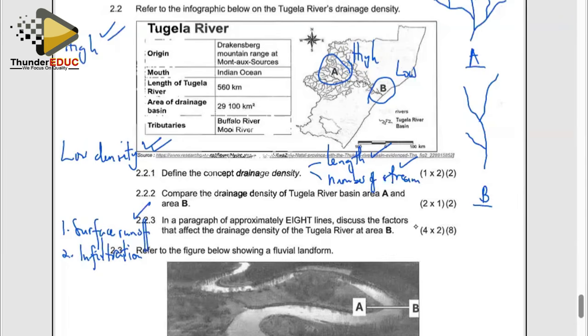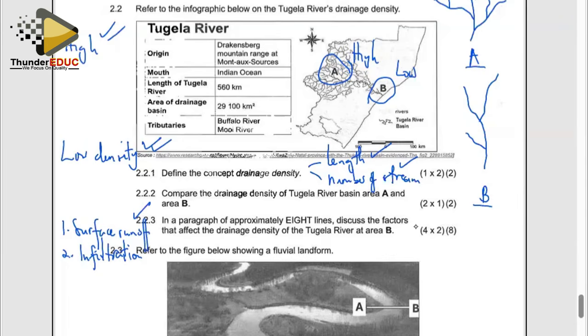And for the same reason, again, it is the opposite with infiltration. It means the area must also be having typical problems with infiltration. There must be less infiltration. There must be more surface runoff and less infiltration for us to have high drainage density. Then for low drainage density it is the opposite. There is less surface runoff and there is more infiltration.